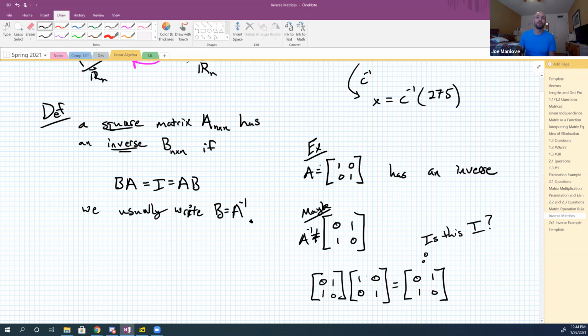What do I need to multiply this thing by to get the identity matrix? Itself? Yeah. This is the identity matrix, right? So its inverse is the identity matrix itself.